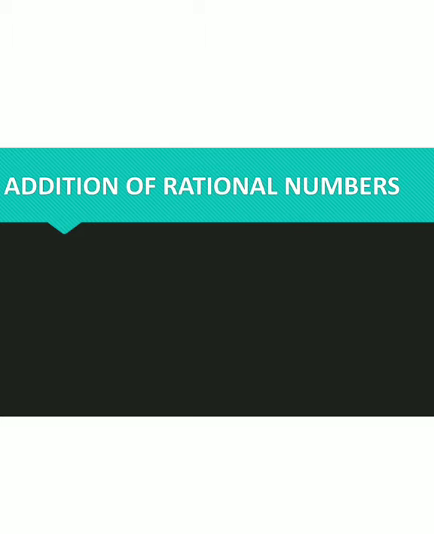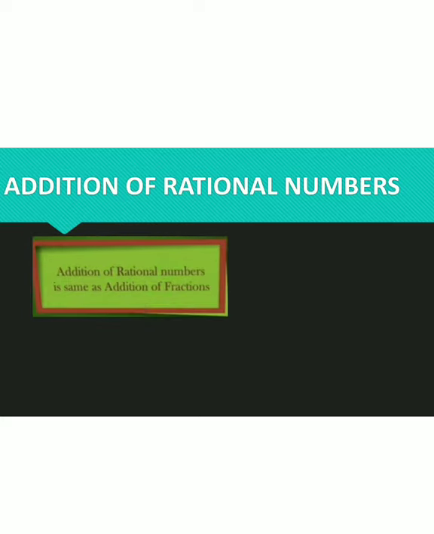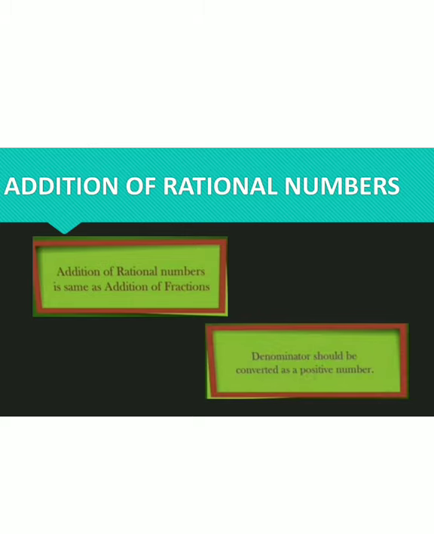Let us see how we add rational numbers. We will learn the operation of addition of rational numbers. Addition of rational numbers is carried out in the same way as addition of fractions. If two rational numbers are to be added, we should convert each of them into a rational number with a positive denominator.